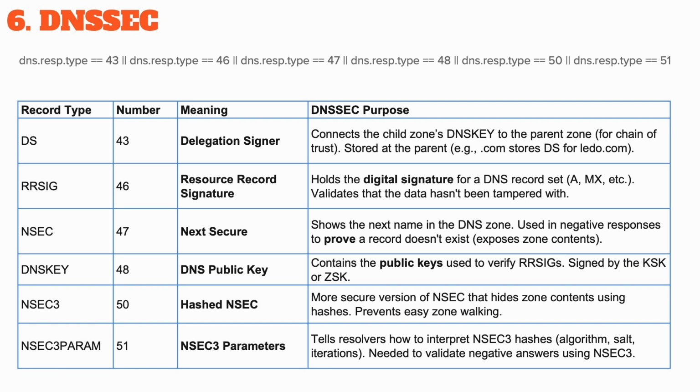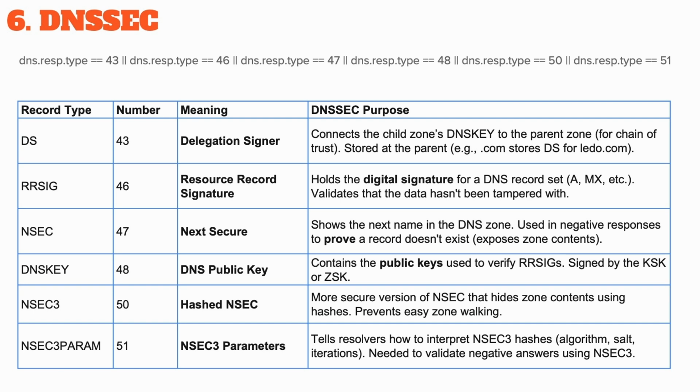And NSEC 47, next secure, points to the next name in the DNS zone, used to prove that a record doesn't exist.